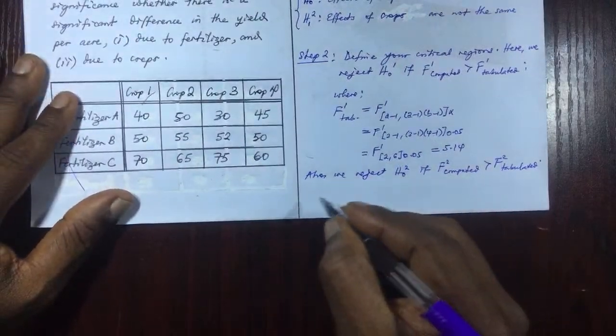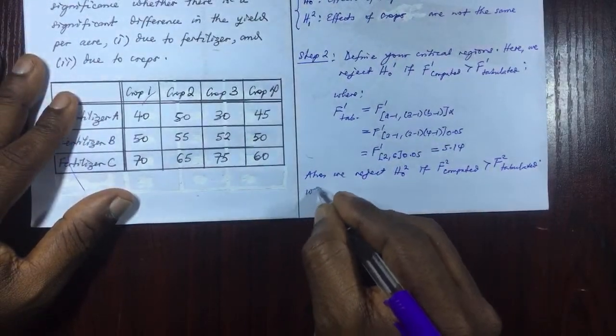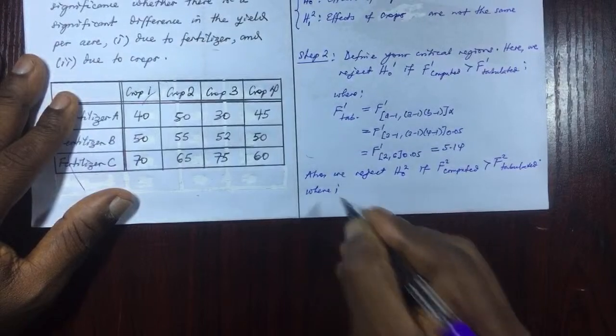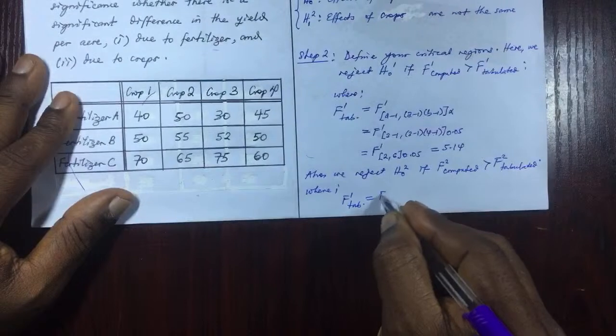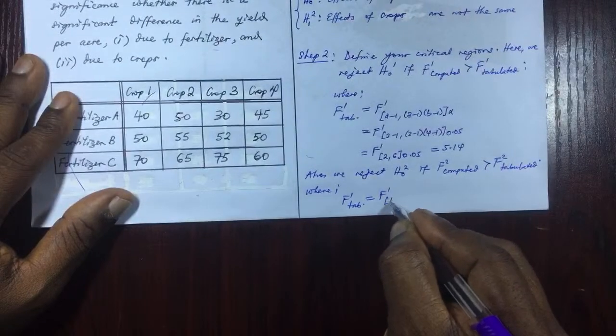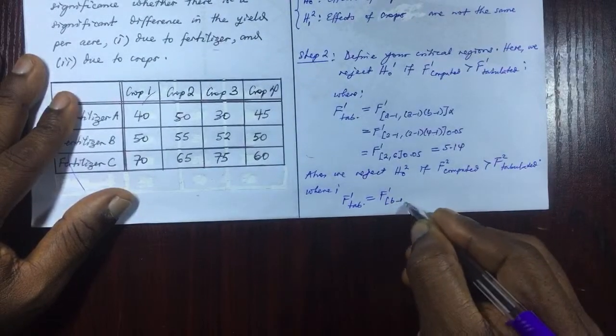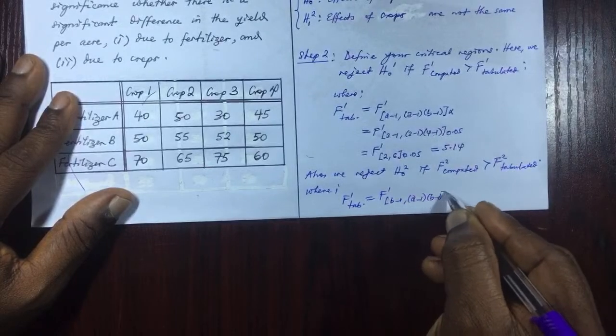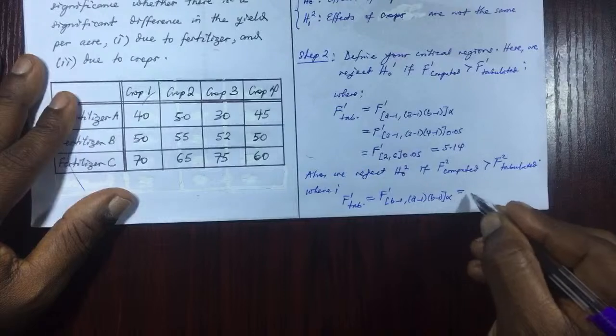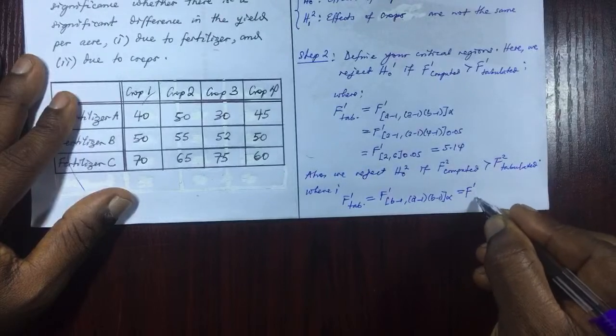And that would mean where F2 tabulated is F at B minus 1, A minus 1, B minus 1, alpha level of significance, which will be F prime A and B minus 1.